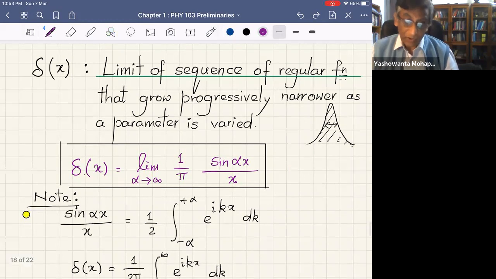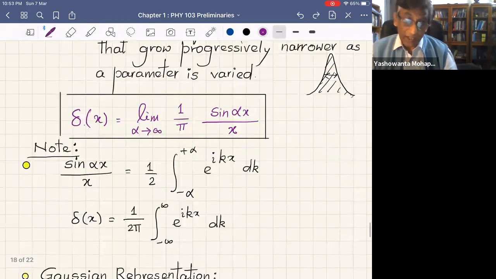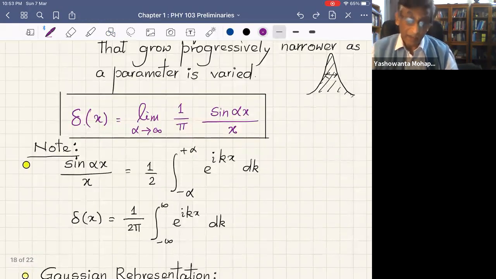We can also write sine(alpha x) by x as half of the integral from minus alpha to plus alpha of e^(ikx) dk. Satisfy yourself, this is simple.